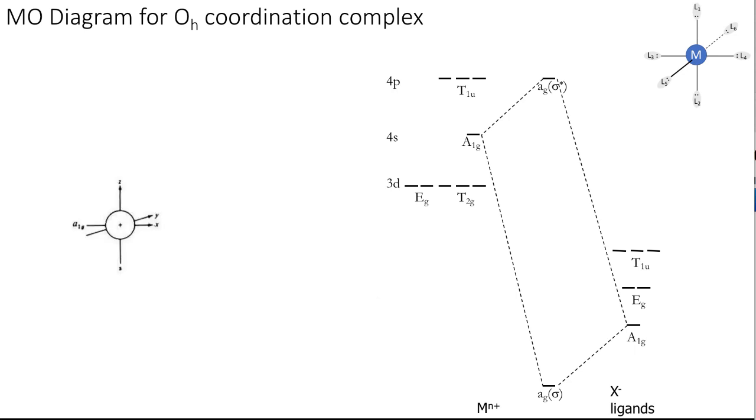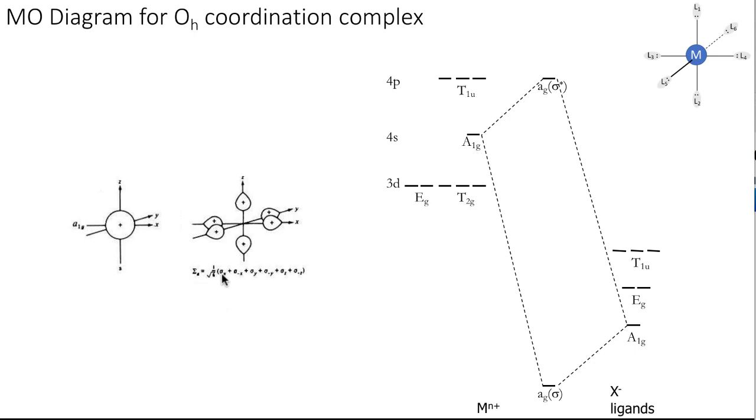Now, you are not required to produce, using symmetry adapted linear combination, the pictures of the more complex group orbitals. However, those will be given to you, which is nice because you can see what the group orbitals look like. So the A1G group orbital set looks like this.